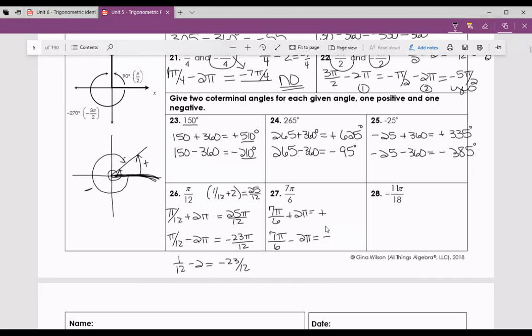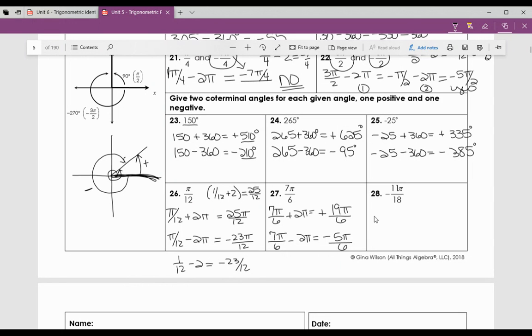If you don't get the negative number, subtract 2 again. All right, did you get 19 over 6 and negative 5 pi over 6 for the second one, number 27?